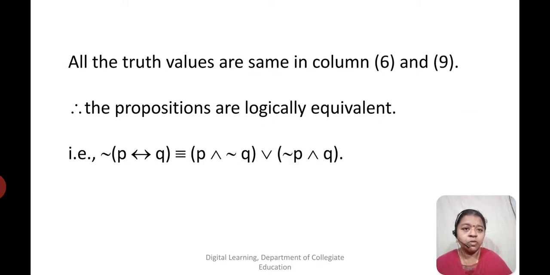So we say all the truth values are same in column number 6 and column number 9. When this condition happens, we say therefore the propositions are logically equivalent.